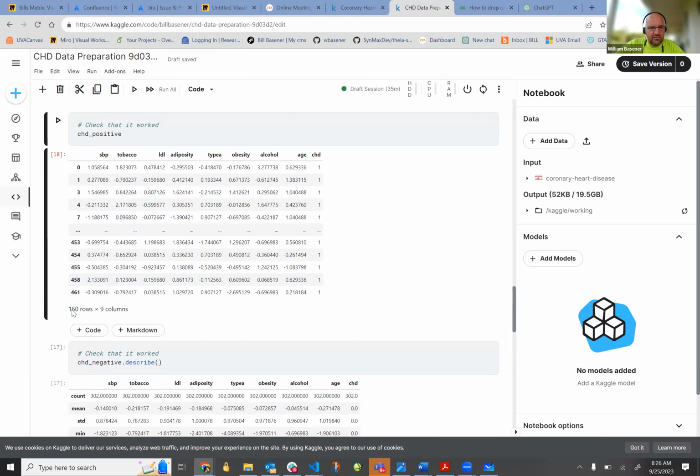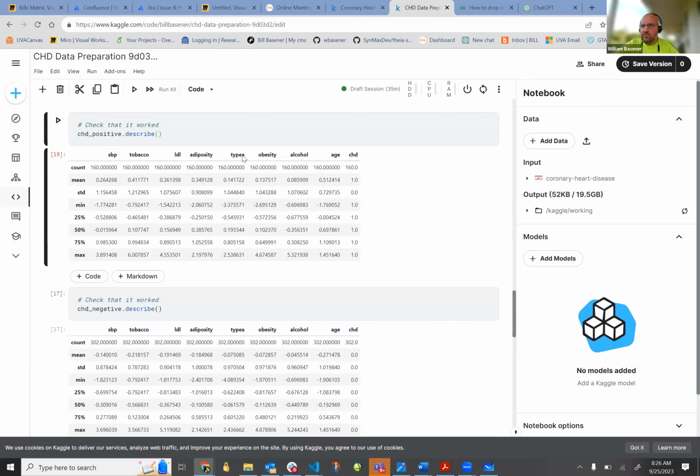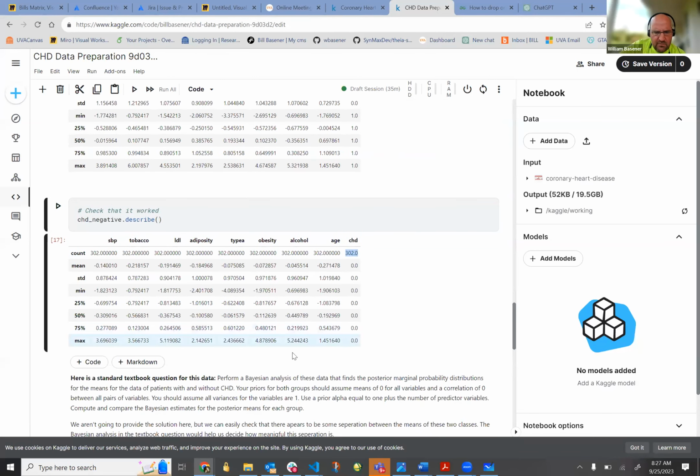It says 160 rows. So there's 160 observations, or 160 people in that data set. And it says coronary heart disease, the count is 160. Oh, okay, so the count down here is 302, so 302 coronary heart disease negative people. I was expecting it to give me the sum for that column, but it doesn't.